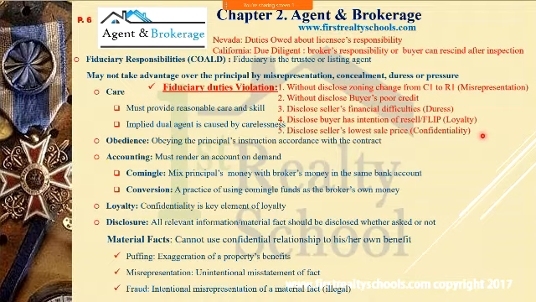He will talk to you and say he has a price in mind, like 950,000. But you should not disclose that to the buyer side, because that's confidentiality.